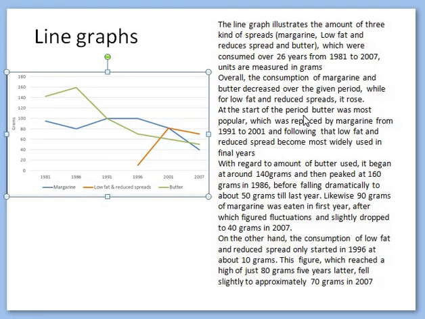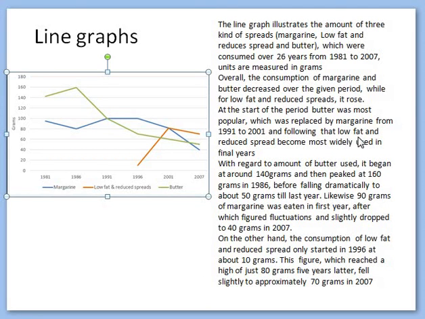At the start of the period, butter was most popular. It was replaced by margarine from 1991 to 2001 here.